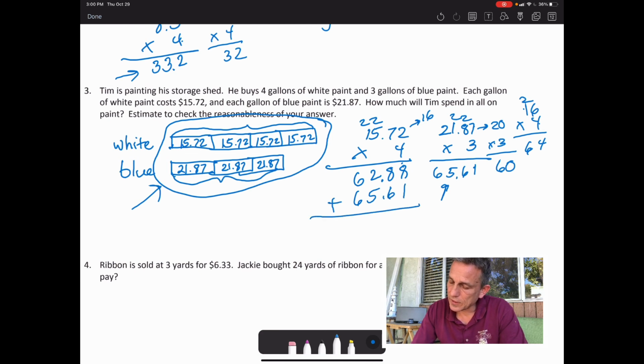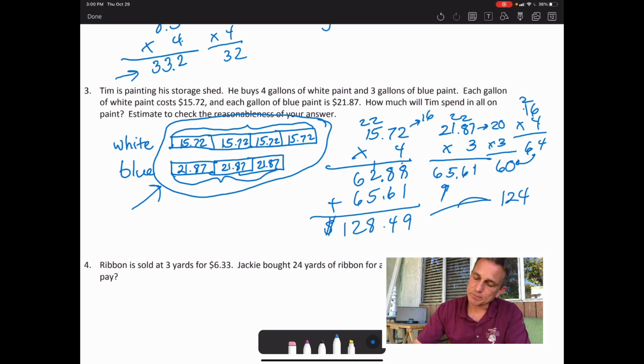Add these two and I have 9, 14, carry the 1. We have 8, and then 12. So this is my total. And if I added my estimates together, you can see that my estimates would be 124, and that's pretty close to my estimate.